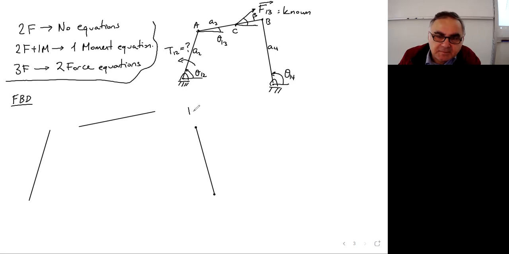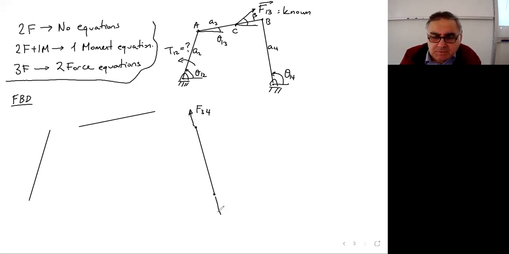I say that F34, force on link 4 due to link 3. Well, let's assume that it is in this direction, by the way. We don't know the direction, but we assume that it is outwards, let's say.